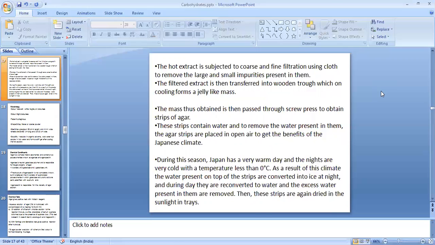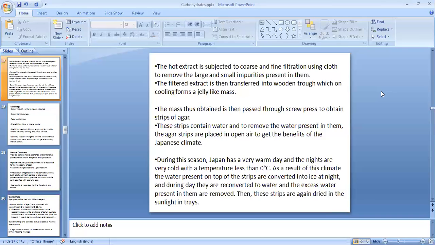Then the filtered extract is transferred to wooden troughs and allowed to cool, where it forms a jelly-like mass. The mass obtained is passed through a screw press to obtain strips of agar, if you want to obtain the strips or ribbons.